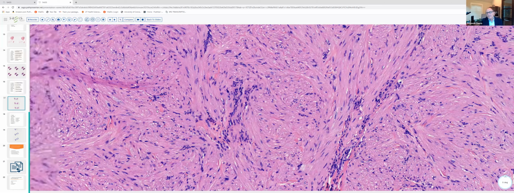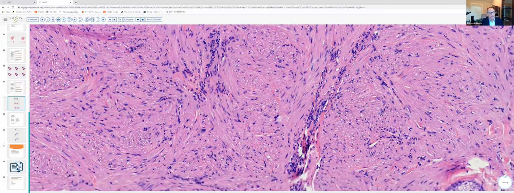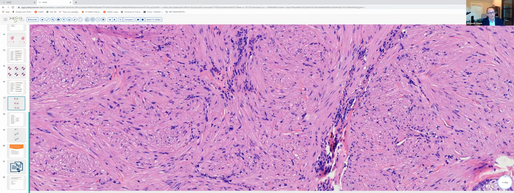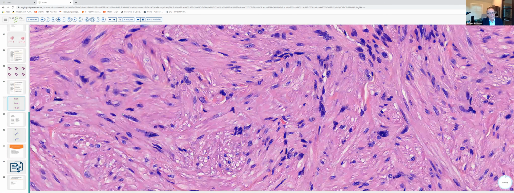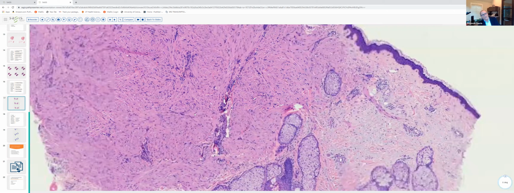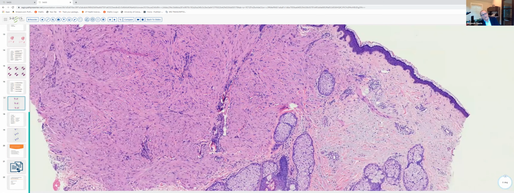And the cells that are cut more longitudinally do have large blunt-ended or cigar-shaped nuclei. So the fascicular arrangement, the morphology of the spindle-shaped nuclei and the perinuclear vacuoles should all lead us to strongly favor a smooth muscle tumor in this case. And this is indeed a leiomyoma.